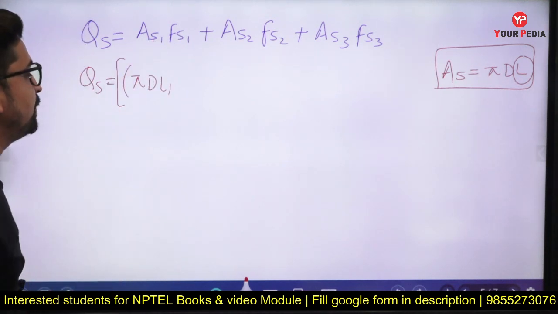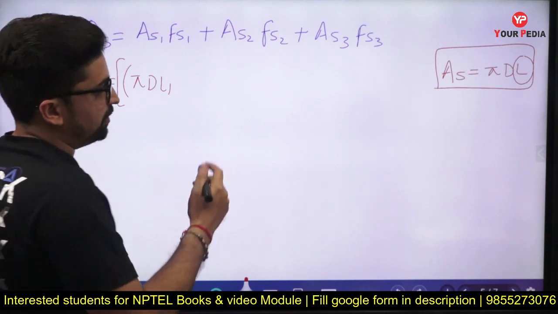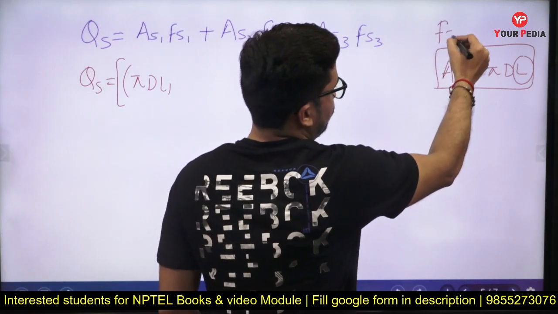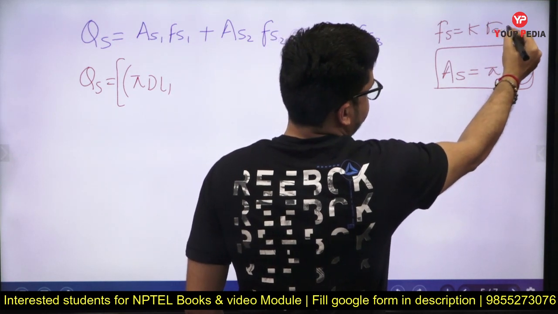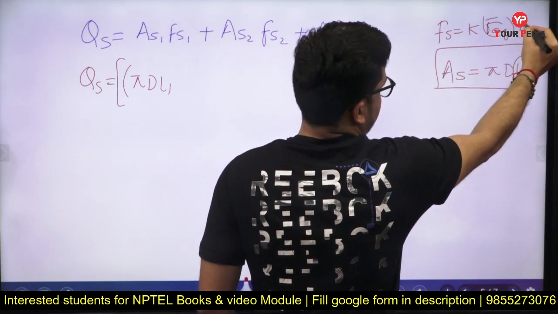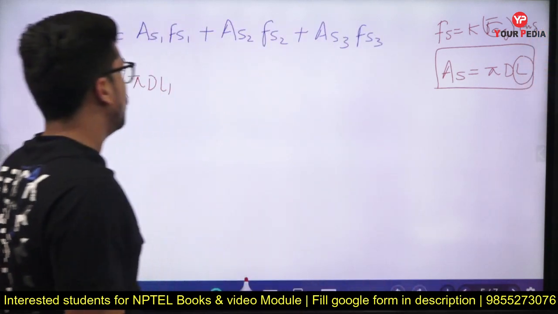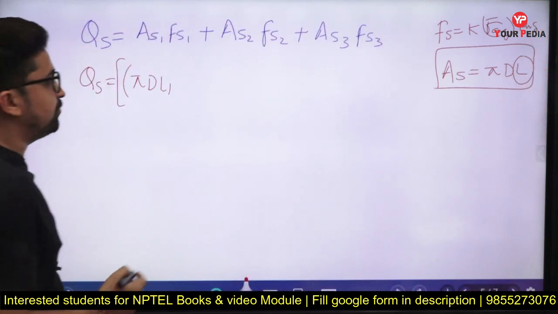So from this you can say that the total will be pi d L1 as the area AS1 into FS1, where Fs is equal to K sigma bar average into tan delta, right? So K and tan delta will remain constant for every region.